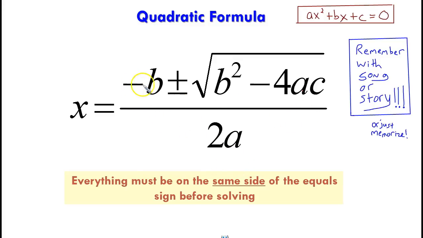It was a story of a negative boy who was trying to decide if he should or should not go to the radical party, but the boy was square and he decided not to go, and he missed out on 4 awesome chicks. But it wasn't too bad because the party was all over by 2 a.m. anyway. So using the letters A, B, and C, the story or the song might help you to memorize the order of things in the quadratic formula.